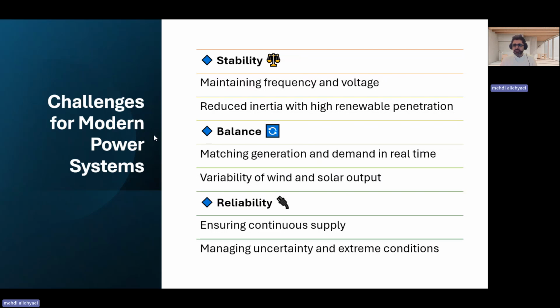The second, balancing supply and demand is harder because renewable generation such as wind and solar changes with weather conditions. And also the third, system reliability must be maintained to ensure electricity is always available for consumers. These challenges play a key role in the operation of modern power systems.